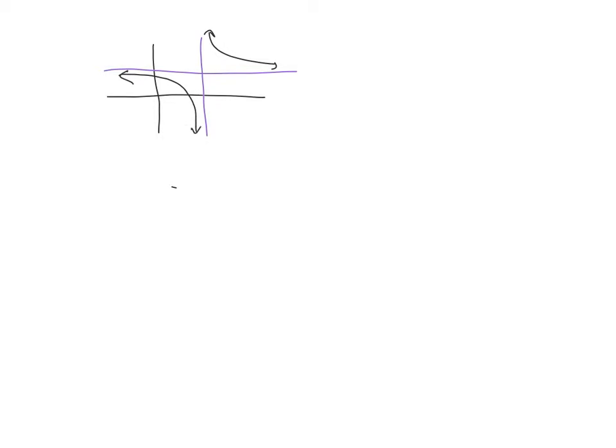And those lines that kind of fence it in are called asymptotes. This one's called a horizontal asymptote, and this one's called a vertical asymptote. They're called that because they're horizontal lines and vertical lines. Does that idea make sense?